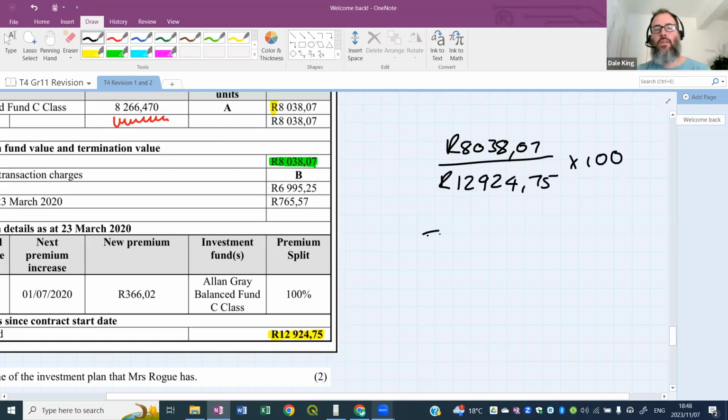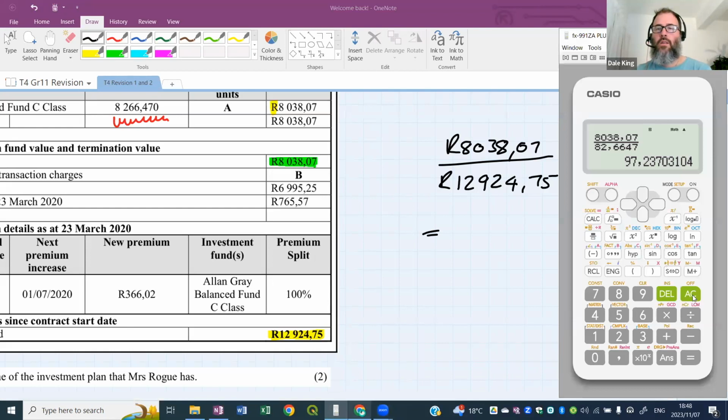It's 8038.07 divided by 12,924.75 multiplied by 100.